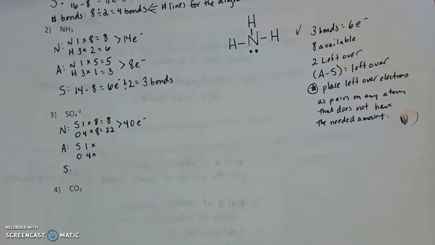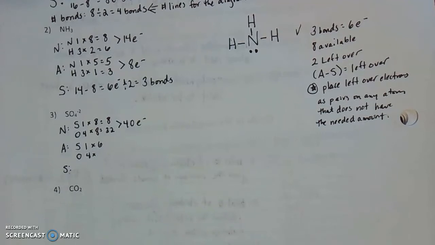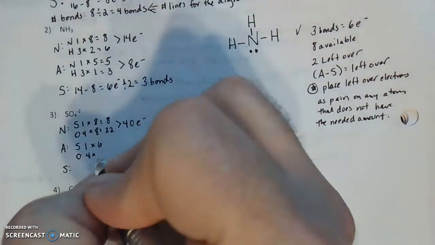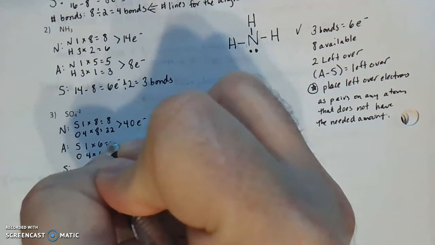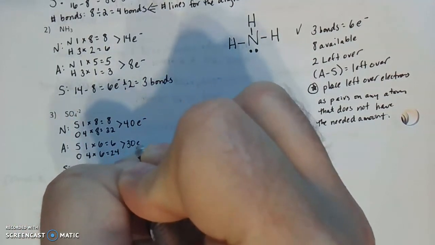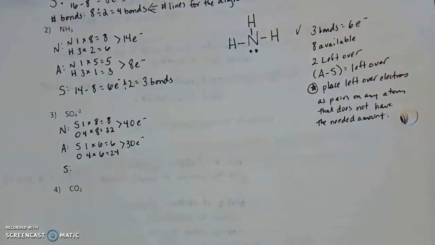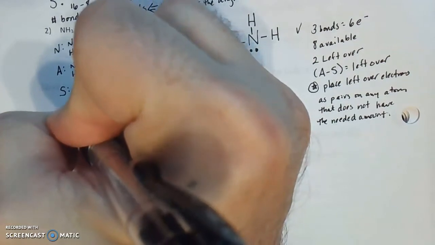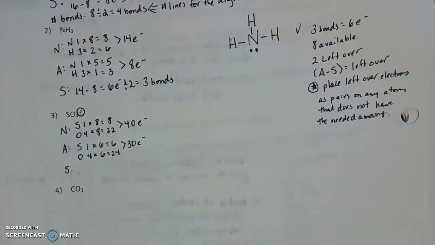S has 6 electrons available because it's in group 16. O is also in group 16. So we have 30 electrons. But if you notice right here, we have a -2.